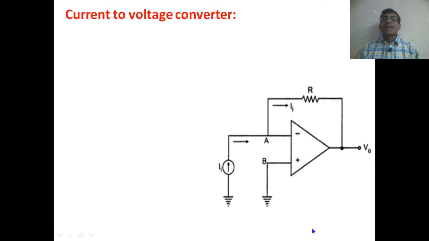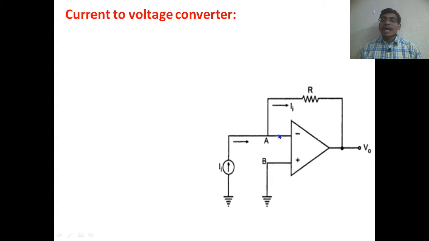This is the op amp based current to voltage converter. In this, the input signal is the current signal. I is the input current that is going to apply for our operational amplifier. So in this operational amplifier, it is working like an inverting amplifier, and here R is the feedback element that is connected between the output side to the input side of our op amp.